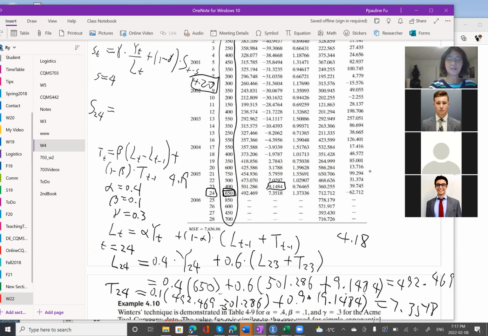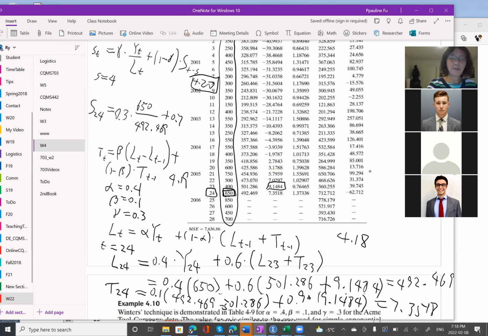Gamma is given 0.3 times YT, meaning Y24, 650 over LT, L24. L24 is 492.469, and plus 1 minus gamma equal to 0.7.